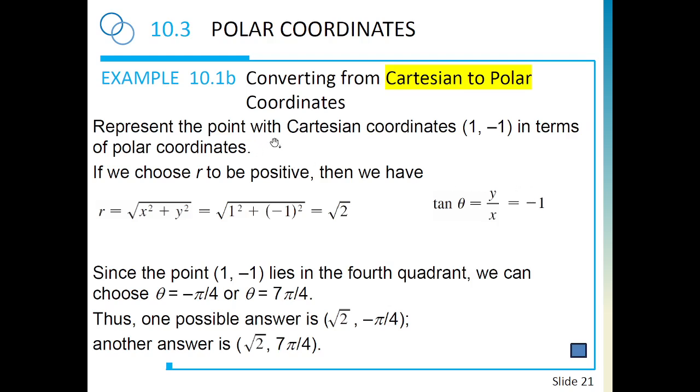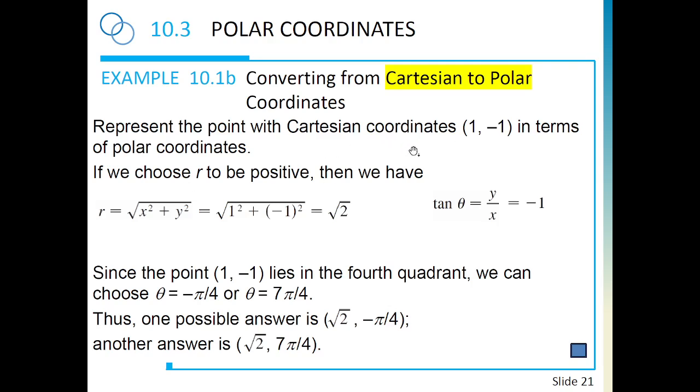Now, what happens if I have Cartesian coordinates of the point? So (1, negative 1). And what are the polar coordinates for this point? So first thing, I observe x is positive, y is negative. So I'm in quadrant number 4. So this will be useful because I need to choose the angle that will bring me to quadrant number 4.